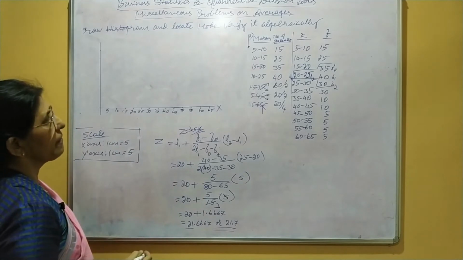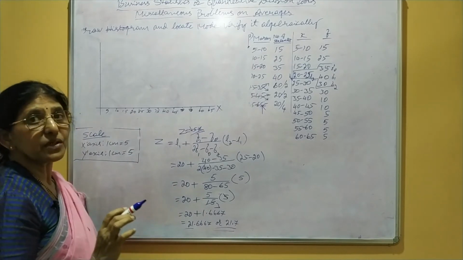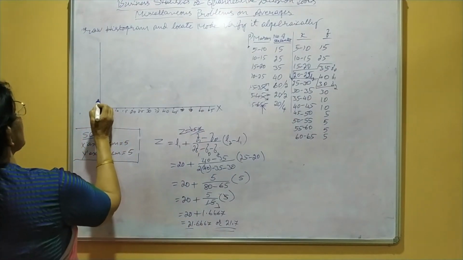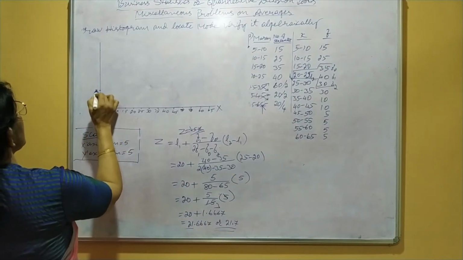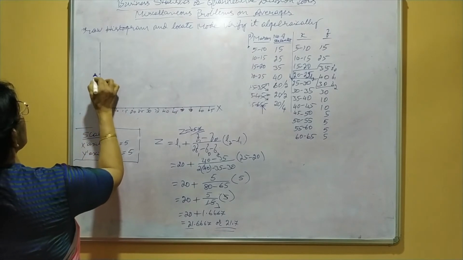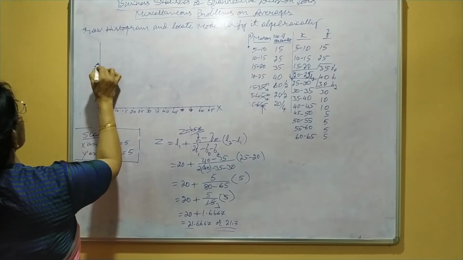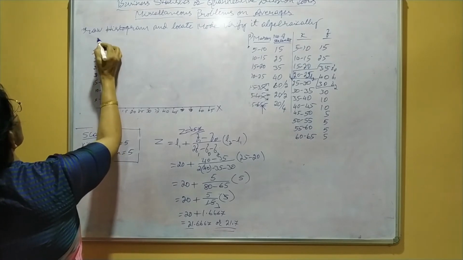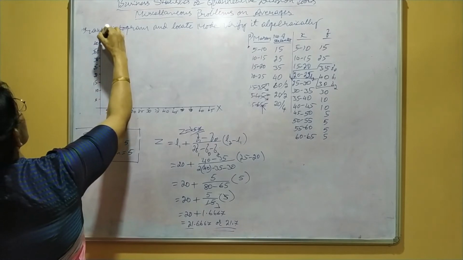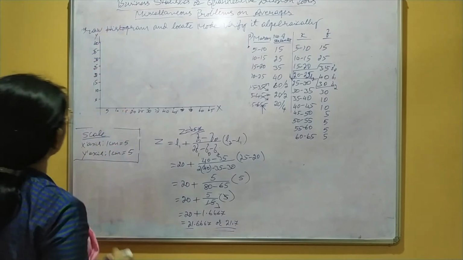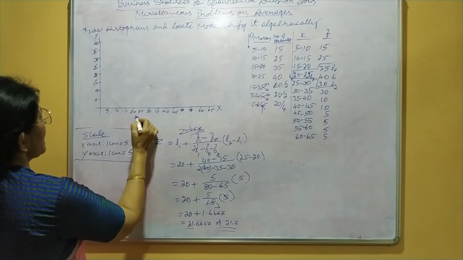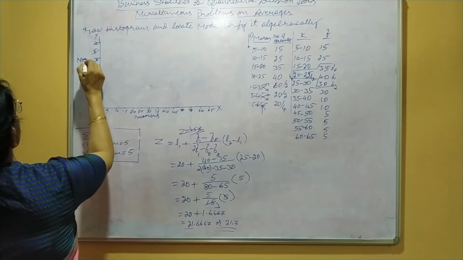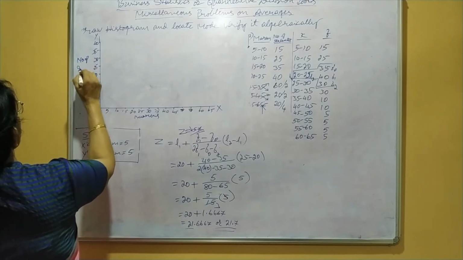Then on the y-axis, we have taken 1 centimeter equals 5, and the highest frequency is 40, so take 5, 10, 15, 20, 25, 30, 35, 40. This is the y-axis. The x-axis is variables, marks, and the y-axis is frequencies, number of students.